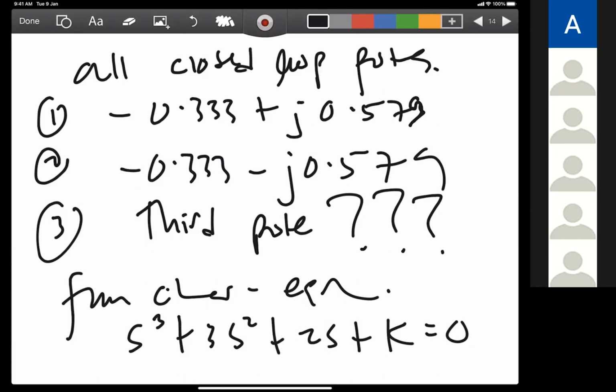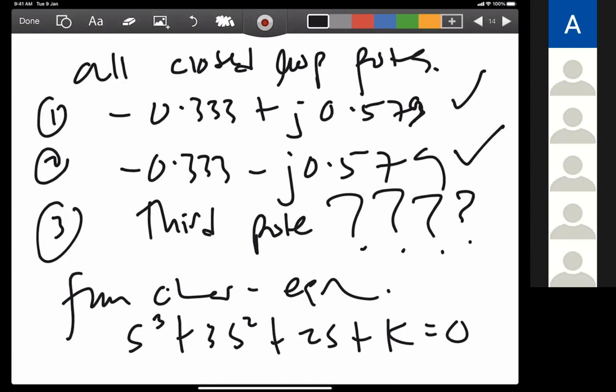We already know the first closed loop pole, the second closed loop pole, and what is the third pole? S equal to negative 2.32. How did you get that? Calculator. Manually, division.